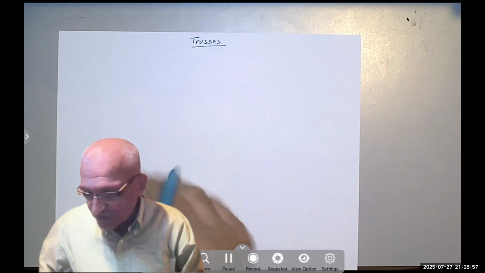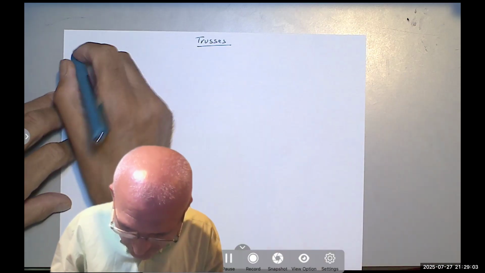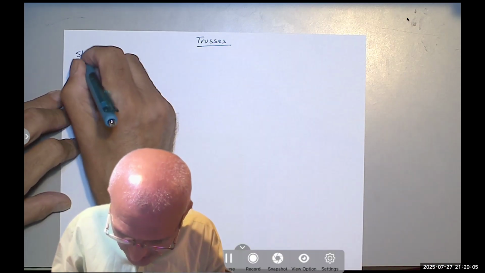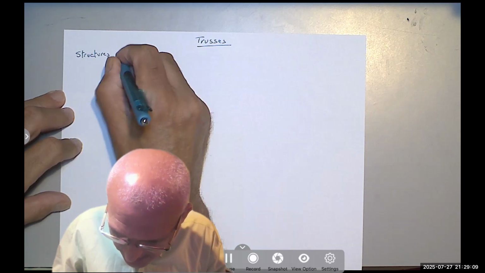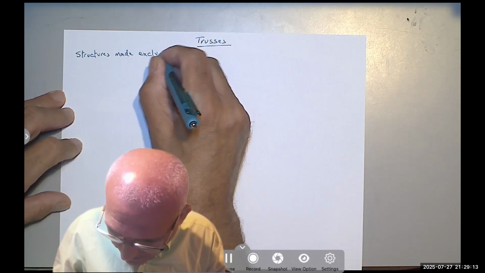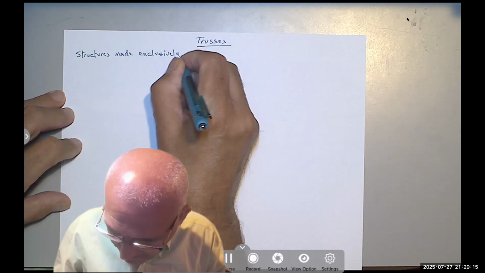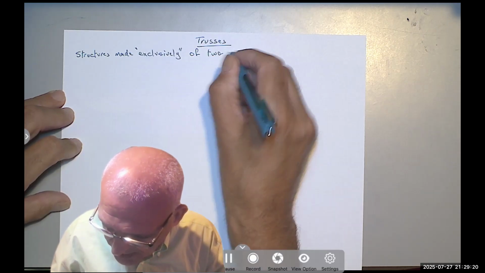Many non-two force members exist. So trusses, we can define them as structures made exclusively of two force members.